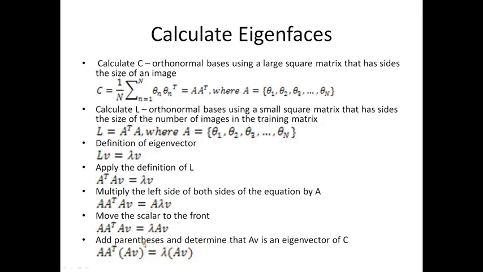And then when we add parentheses around these, we're able to see that AV is an eigenvector of C by the definition of eigenvector, because this here is C, and we've got our lambda, and now we just have AV. So, because this is true, we can use this L matrix, and it will be similar enough to C to use.